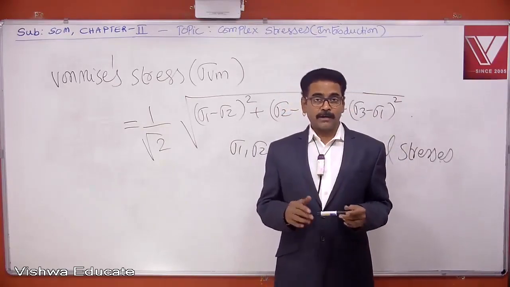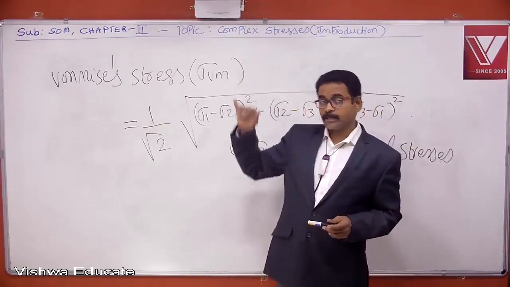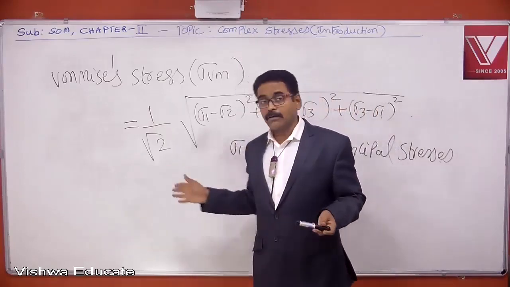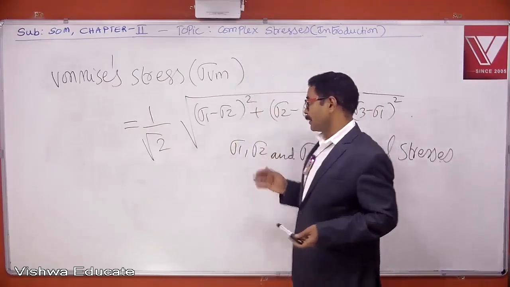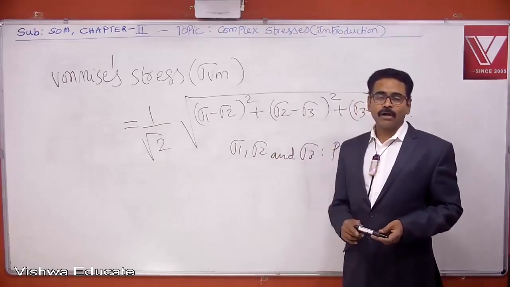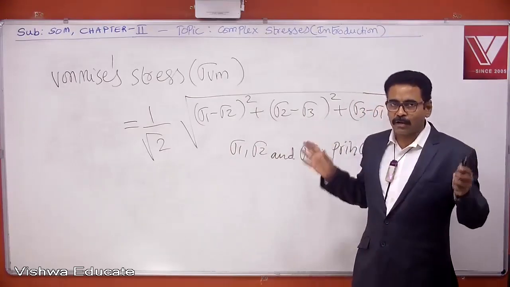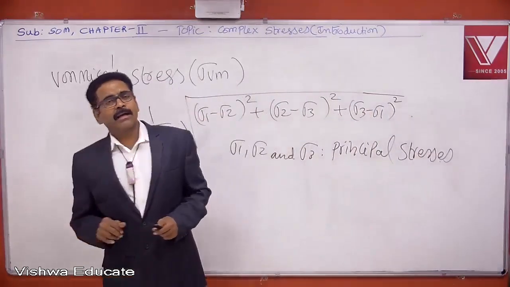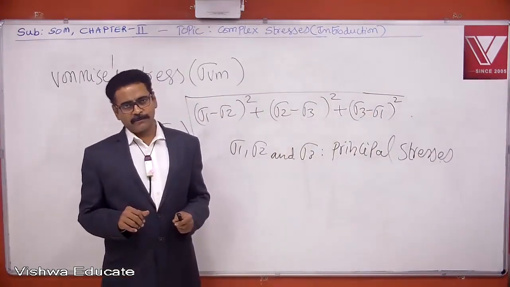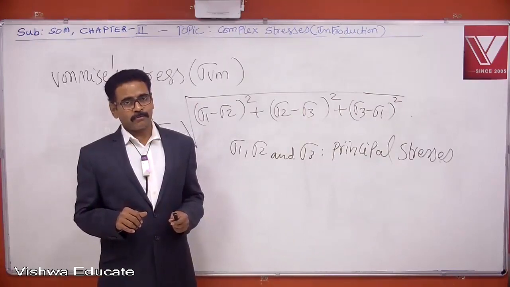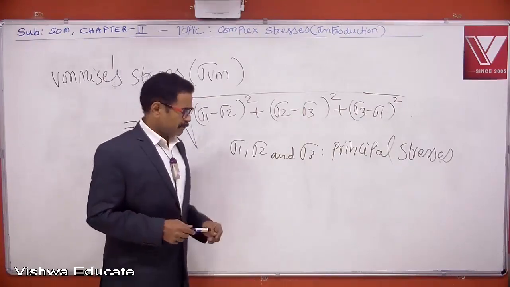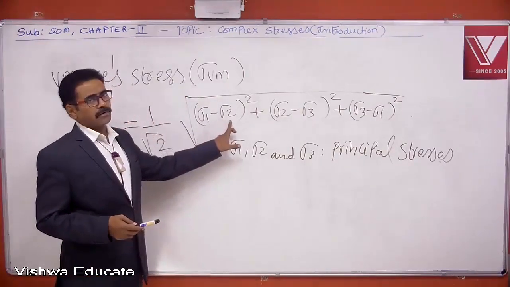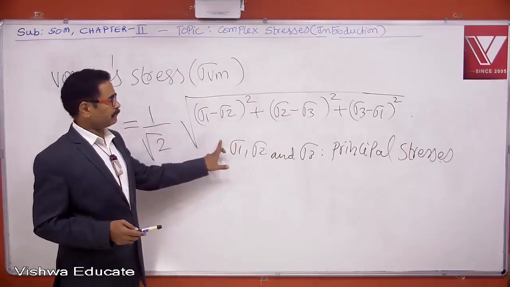Few minutes back I told ductile structures fail because of shear. Right now I am saying you have to design ductile structures by using Von Mises stress. Am I giving two contradictory statements? Absolutely no. They are the same. Sigma 1 minus sigma 2 gives a shear.